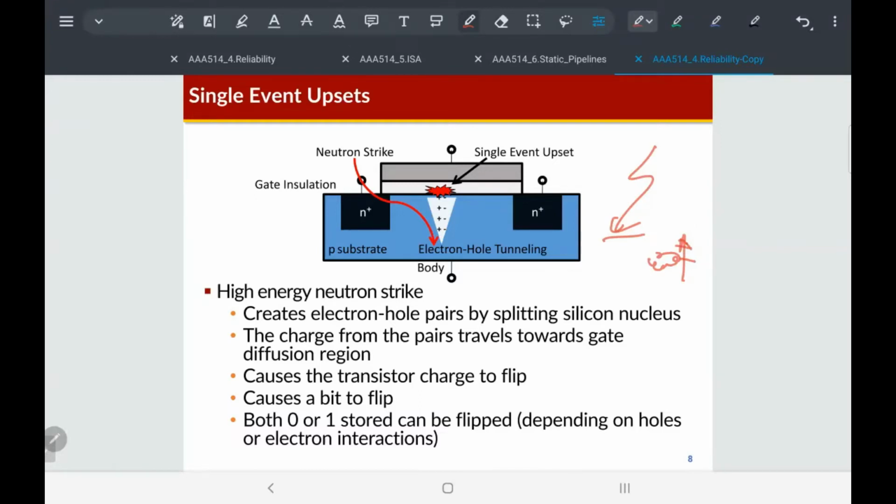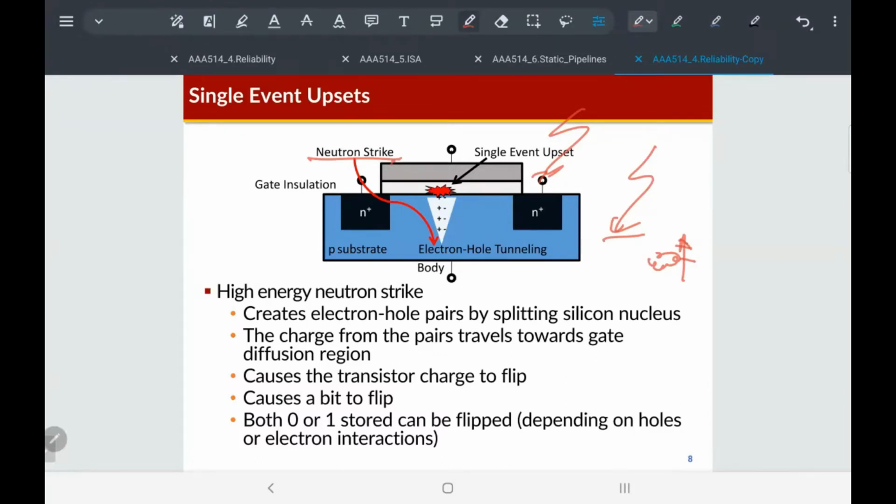So actually, we can say neutron strike, which means some particles, so neutrons from space or our air, can hit our processors or memory devices. So the data inside of our processor or memory devices can be changed.